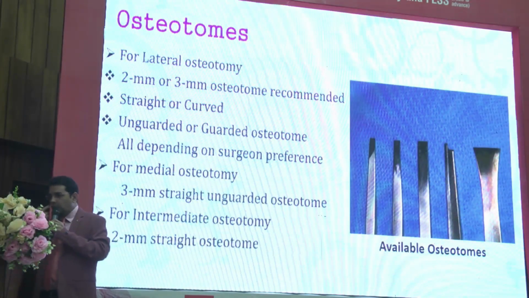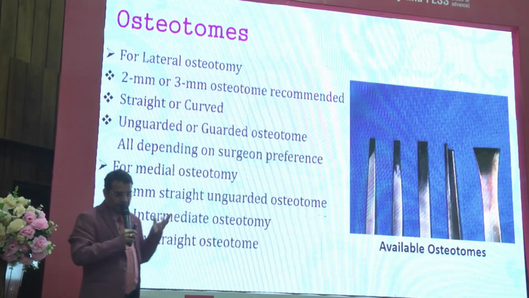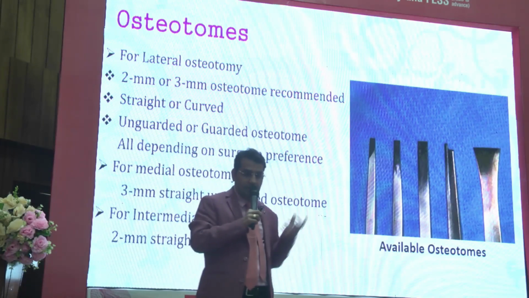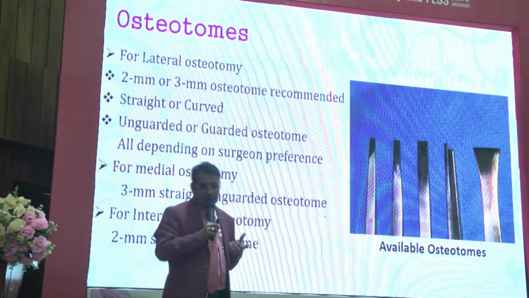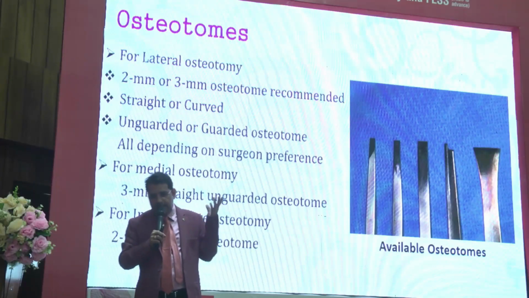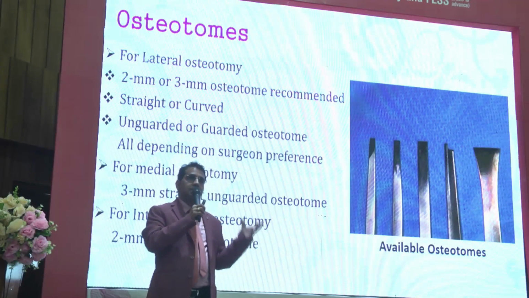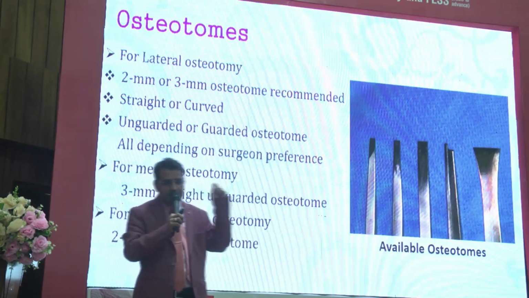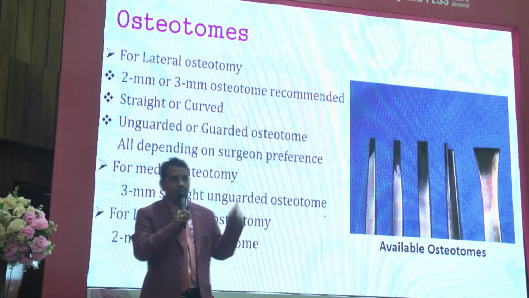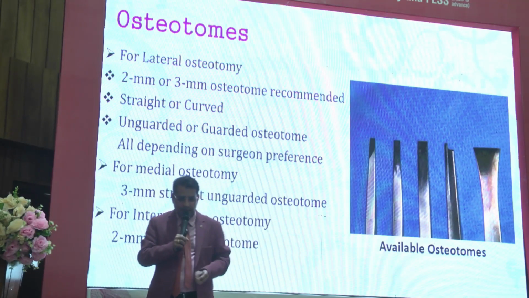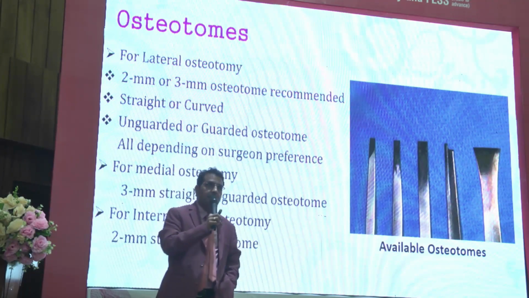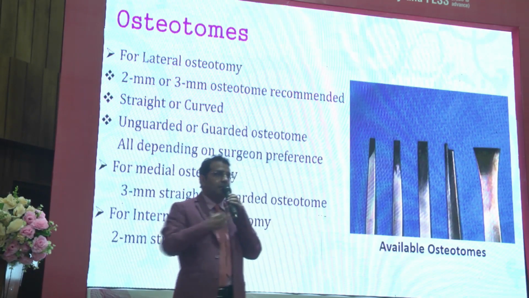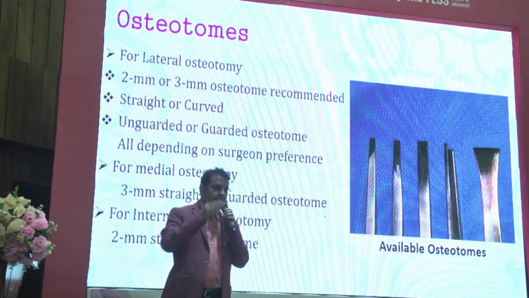Now, osteotomes, because whenever you go for any procedure, you should know the dynamics of your instruments also, because instrument knowledge is necessary. For the lateral osteotomy, we usually use 2 mm or 3 mm: if you go by the external perforating manner, you use the 2 mm, and by the internal, you use the 3 mm. Osteotomy is of two types, guarded and unguarded.